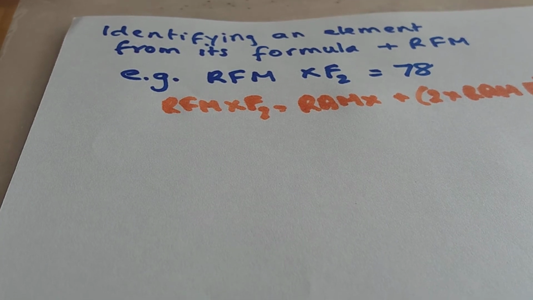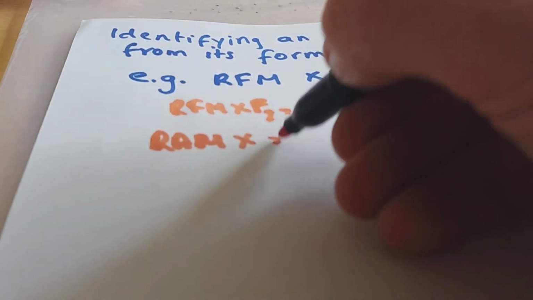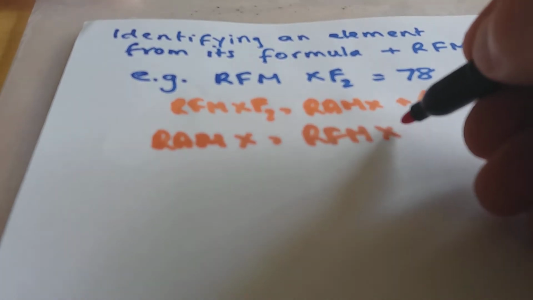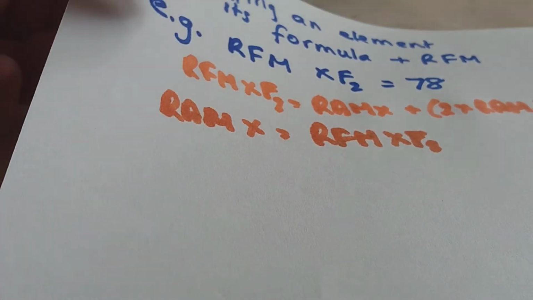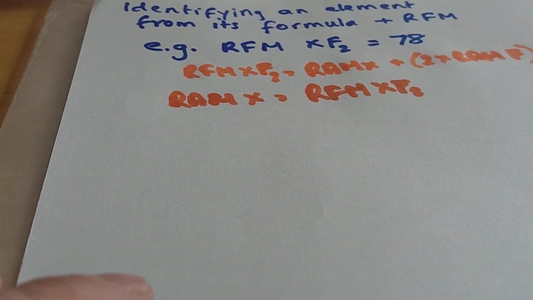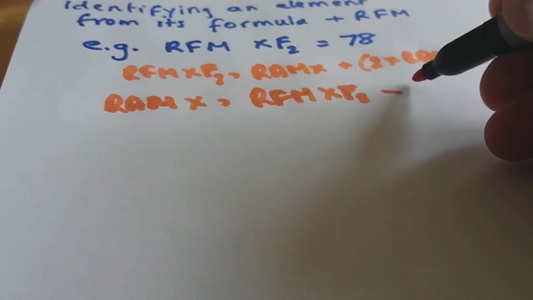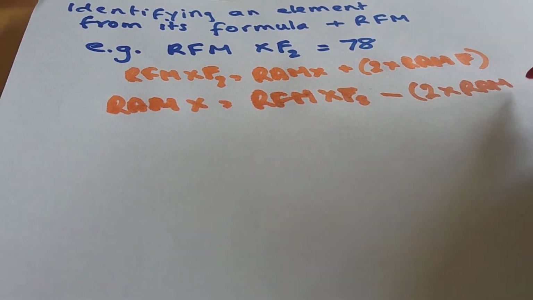So, the relative atomic mass of X will equal the relative formula mass of XF2 minus twice the relative atomic mass of fluorine.